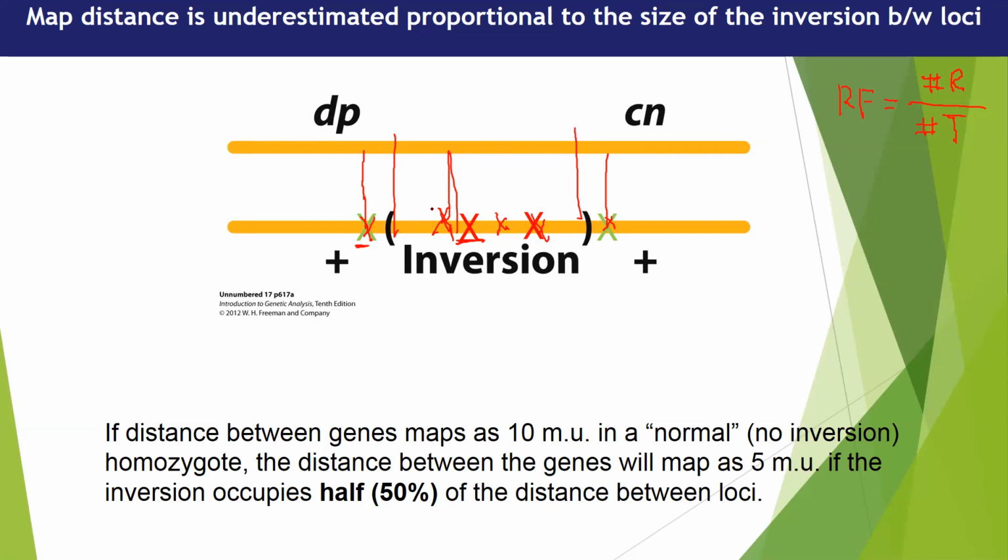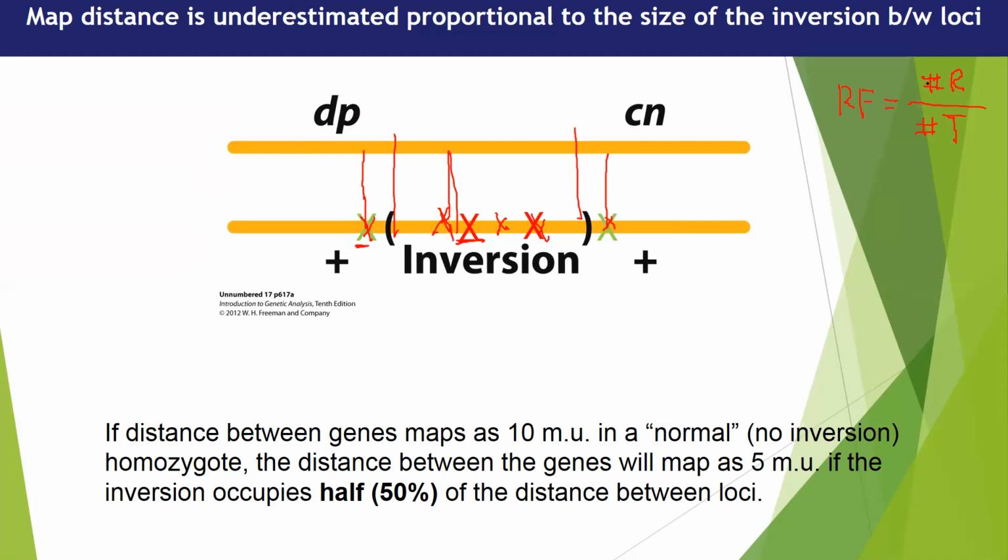If the crossover occurs within the inversion, then only the parental type can survive, and only half of the progeny can survive. The other half cannot. So we're gonna lose the recombinant gametes or progeny from these crossovers.